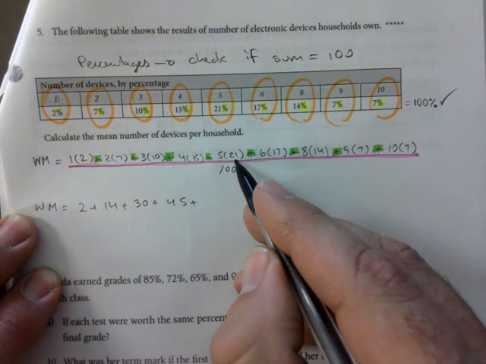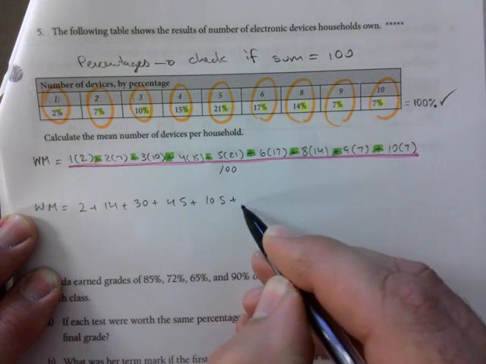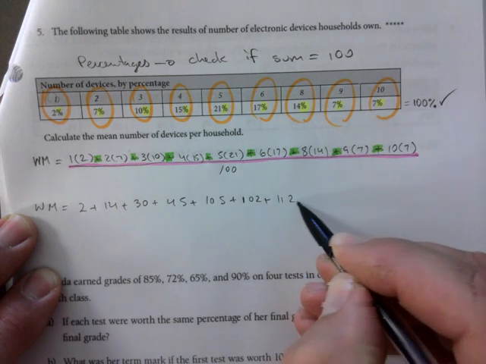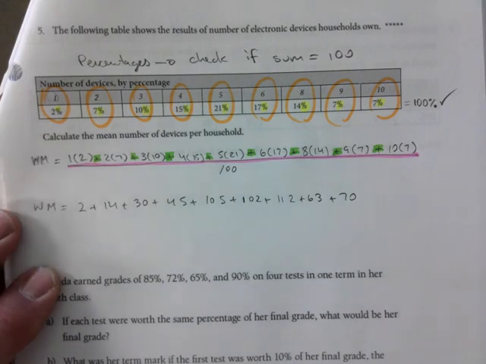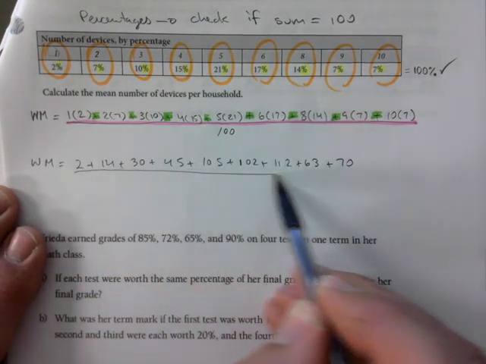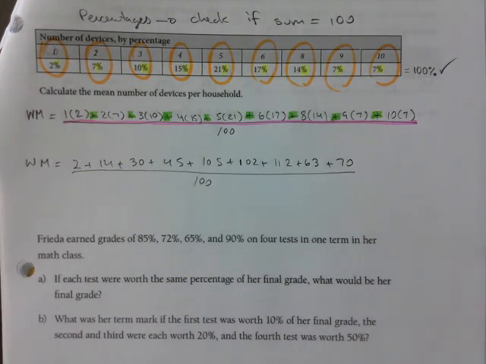Okay, so I think we can do some mental math here. 5 times 20 is 100, so that's 105, 102, 112, 112. Then you divide the whole thing by 100. Sometimes space is going to be an issue, so you can go to the side if you're running out of space.